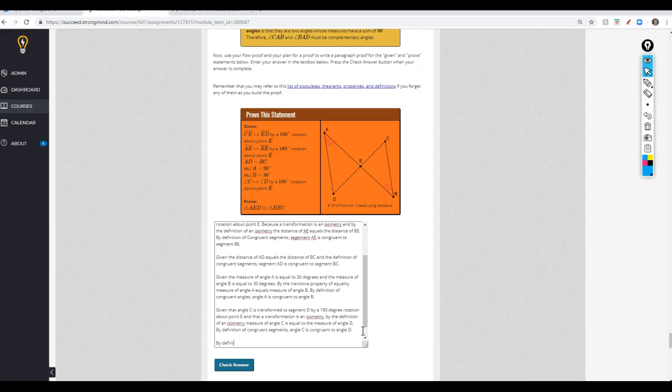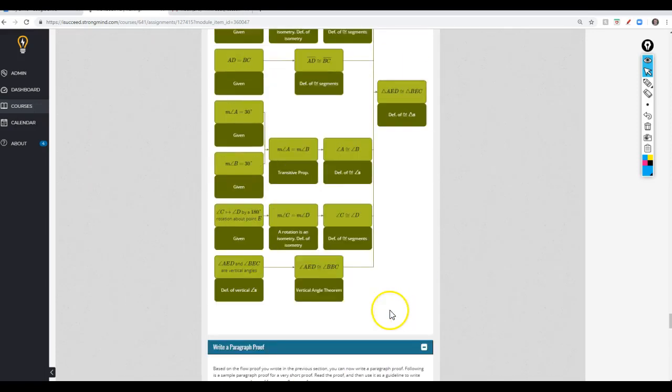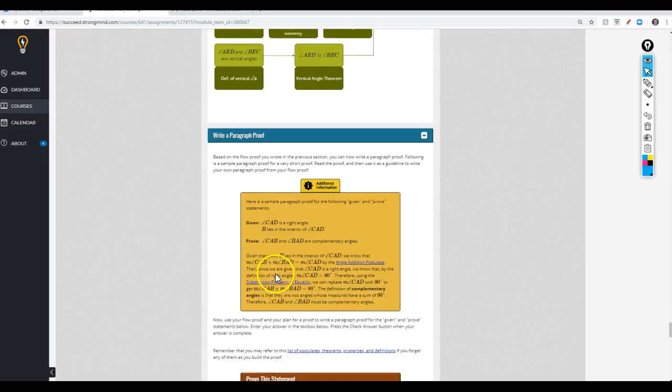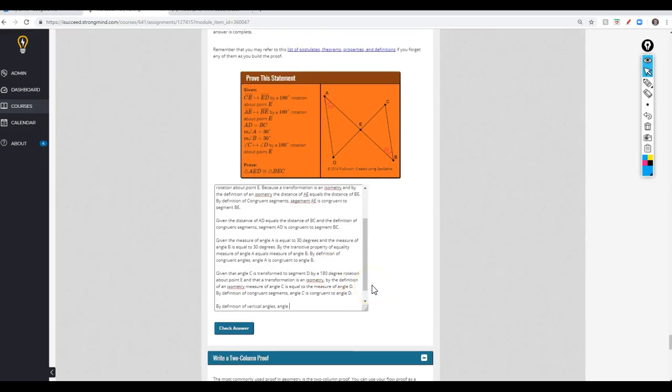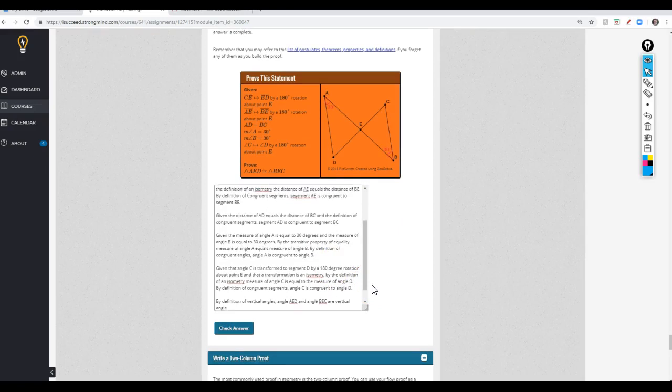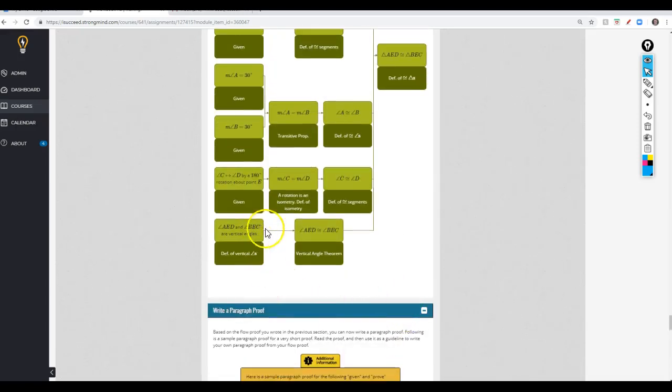By definition of vertical angles, angle AED and angle BEC are vertical angles. Then we follow what it leads to.